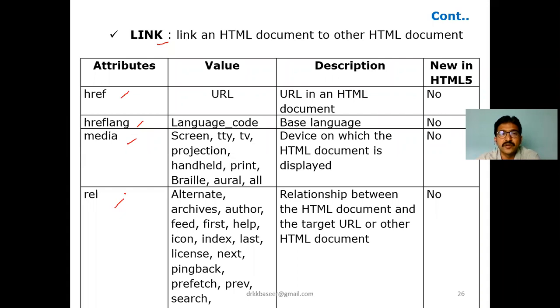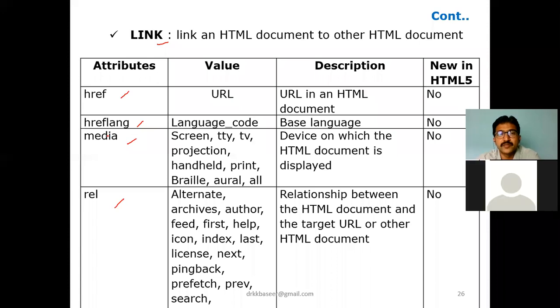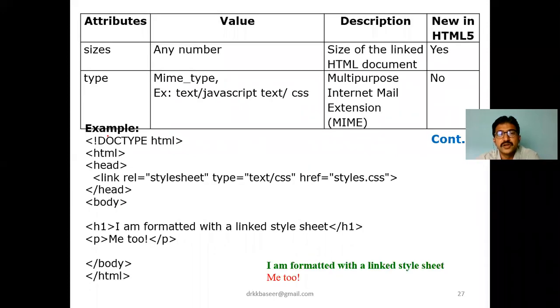Based on our requirement, we can use any number of attributes. But for each element, remember at least 2 to 3 attributes, minimum 2 attributes, when you are writing in the examination or doing the laboratory. And the link also consists of size and type.